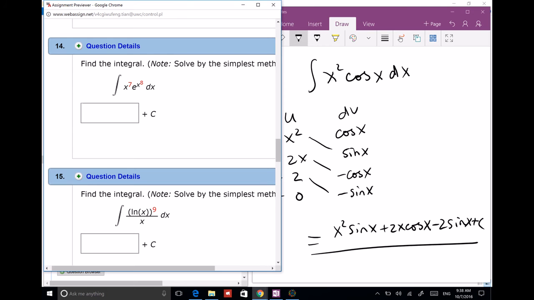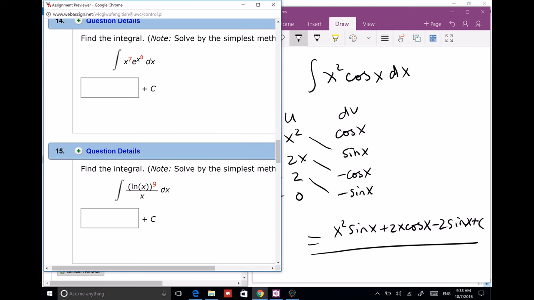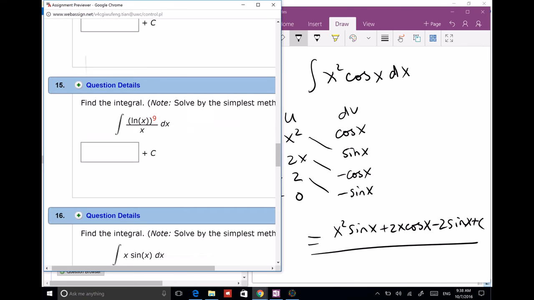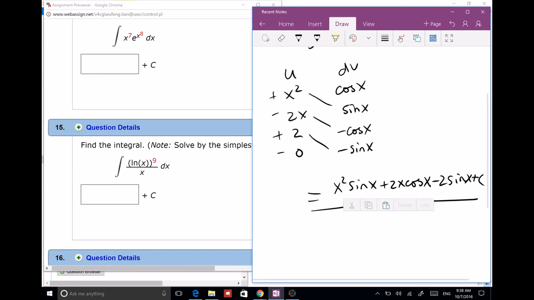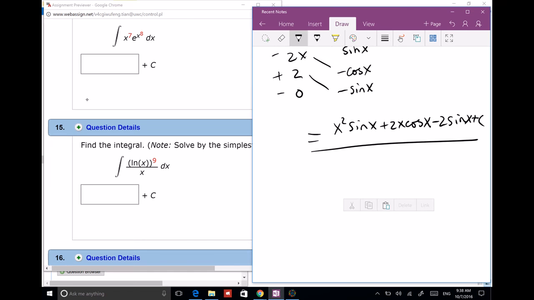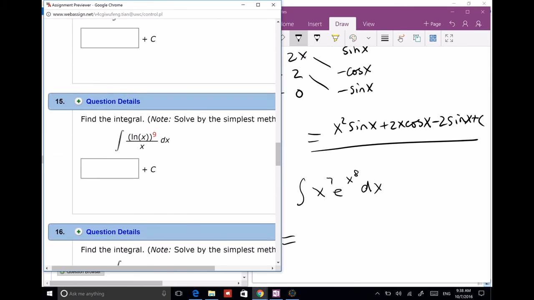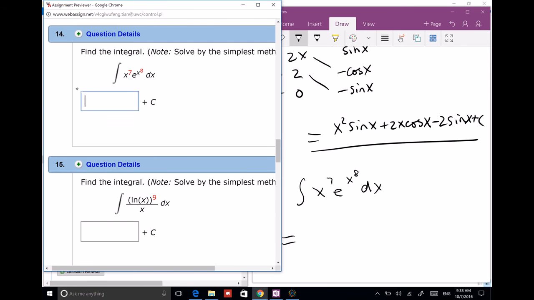No, number 14 is different. For 14 you just have to use substitution, u equals x to the power 8. Okay. For all of these examples, actually, I think they are just very simple problems I want you to practice. They're not really technical problems. Only number 18 requires a little bit of technique.